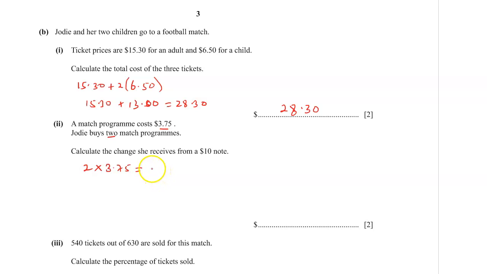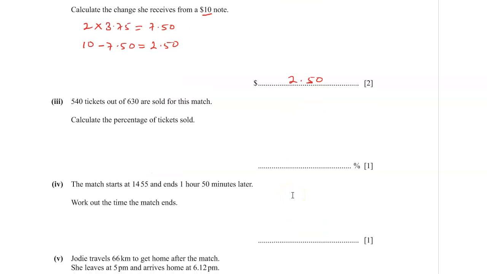What you get here is $7.50. She gives a $10 note. So you take away what she pays. What is the balance she gets? She gets 2.50. So she gets $2 and 50 cents, or $2.5.